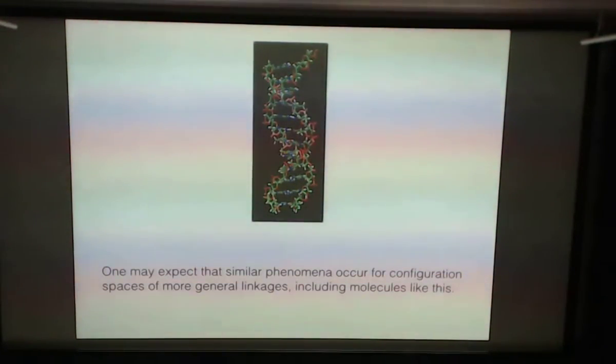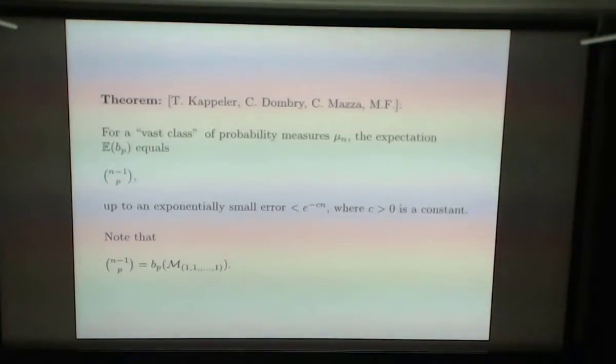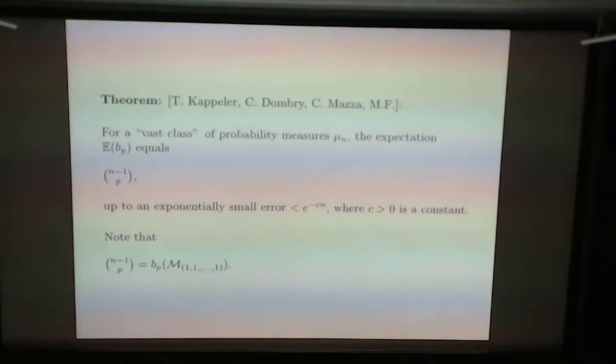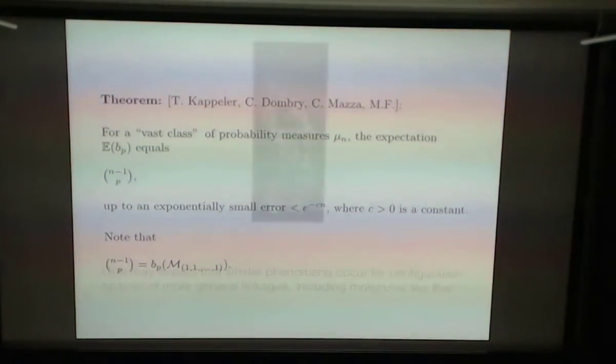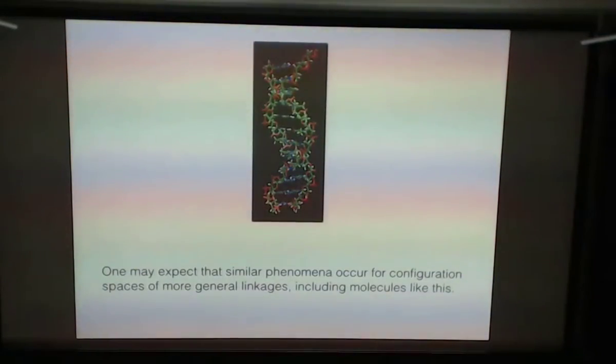And so this result of the previous slide, which philosophically may be interesting, that the Betti numbers asymptotically are exactly the same as if we assume that all sides are equal. So maybe this principle can also be applied to more complicated situations like this to describe the configuration spaces of these molecules.